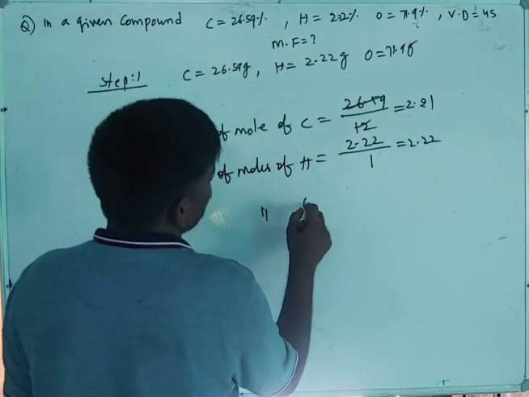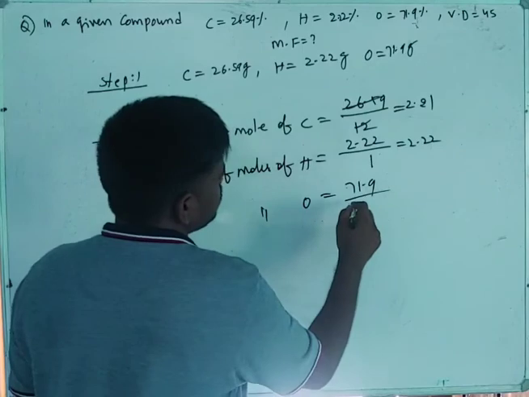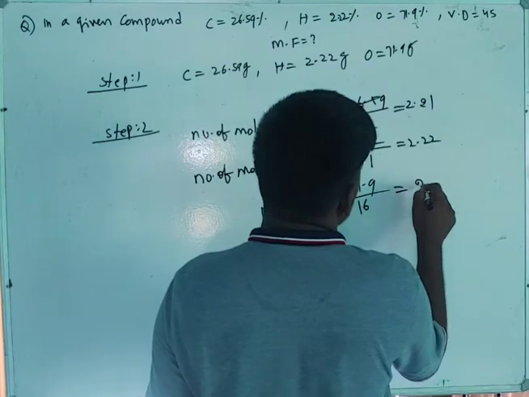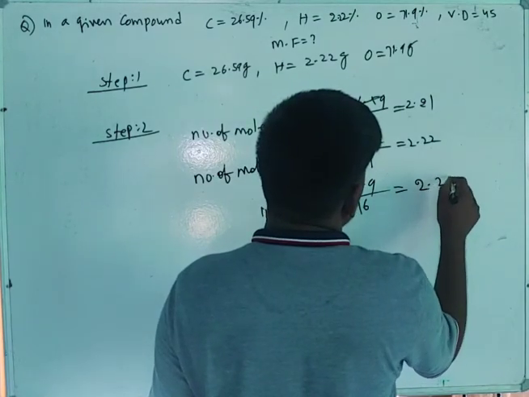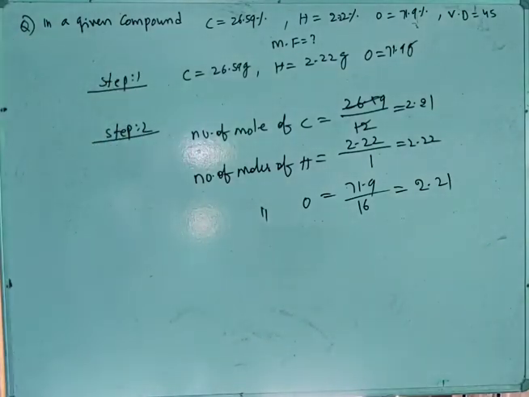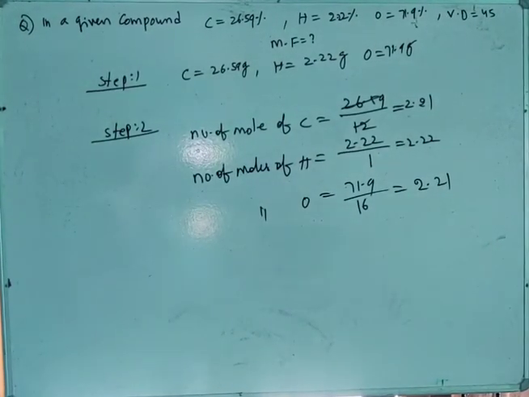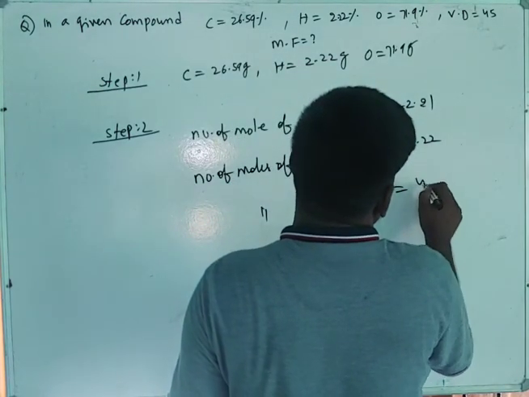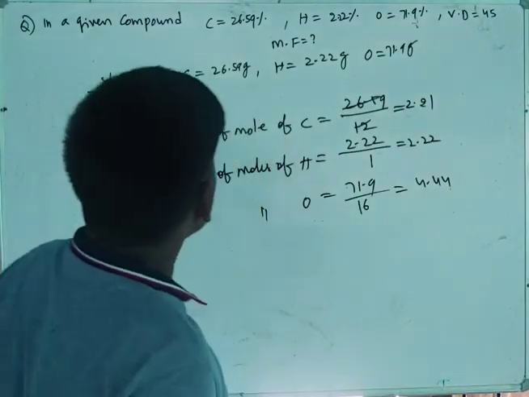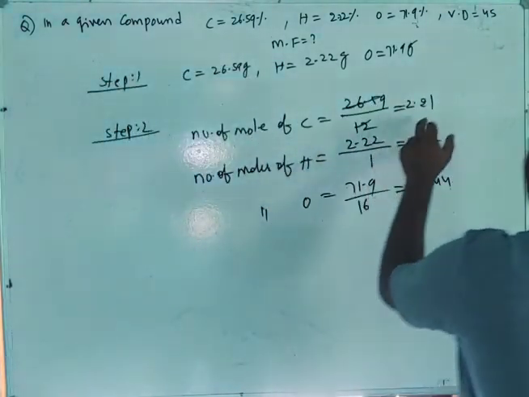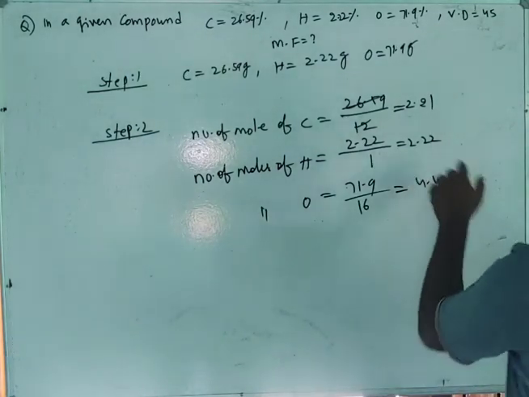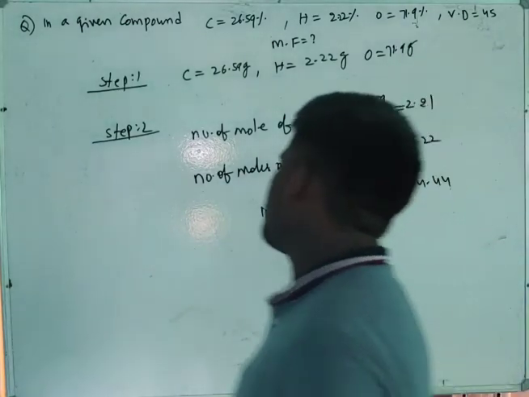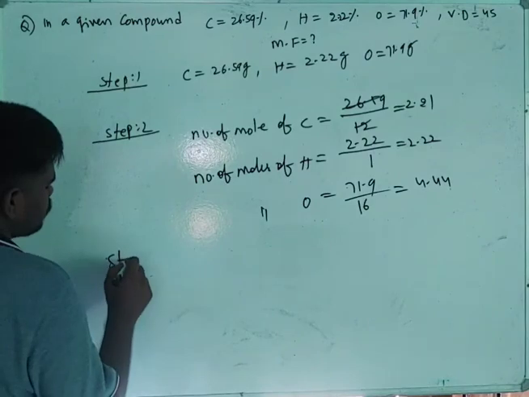And the next one, the number of moles of oxygen: 71.9 grams by the molar weight of oxygen, which is 16, approximately equal to 4.44. So in the given compound, the number of moles of carbon is 2.21, hydrogen 2.22, and oxygen 4.44. So now, in step 3, you know what we have to do.